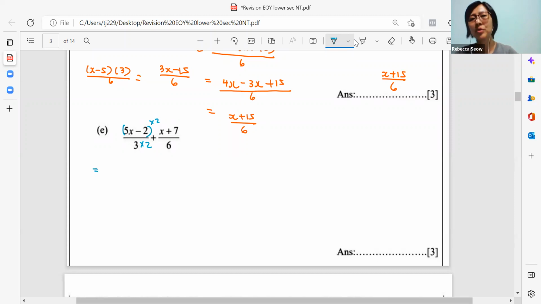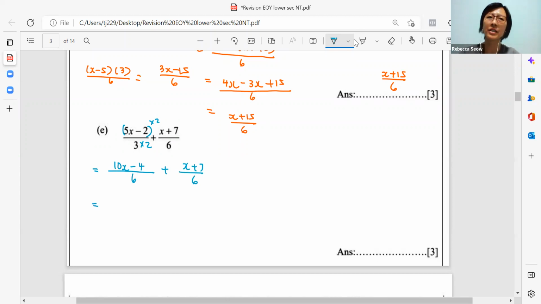Okay, because 3 times 2 will give you 6, right? Yeah, so that would be twice of 5x. So twice of 5x will be 10x. Twice of 2, sorry. And 3 times 2, 6 plus x plus 7 over 6.